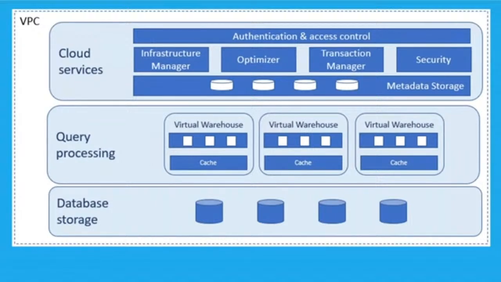I recommend you make some running notes also. I will share this content after the end of the session. So this query processing layer is a hardware component which can be called a virtual compute warehouse.